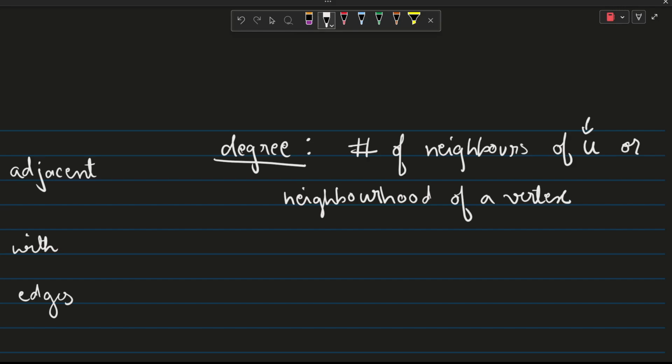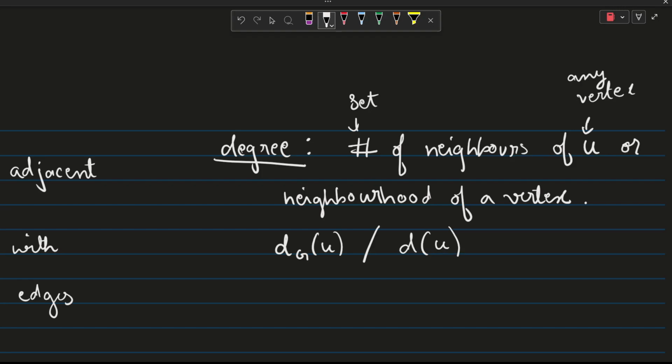Here U is a vertex, it can be any vertex. Degree is the size of the neighborhood of a vertex, and is denoted by dg of U, or in simpler terms just d of U, where U is a vertex.